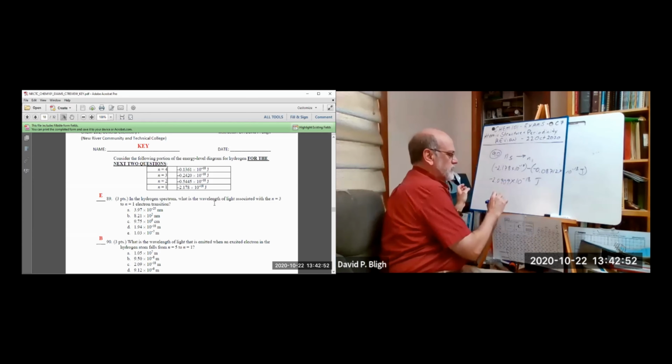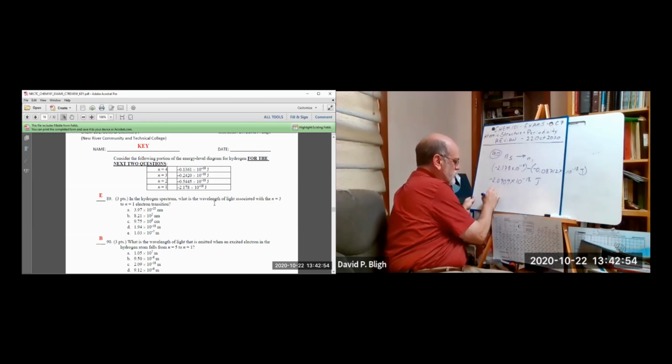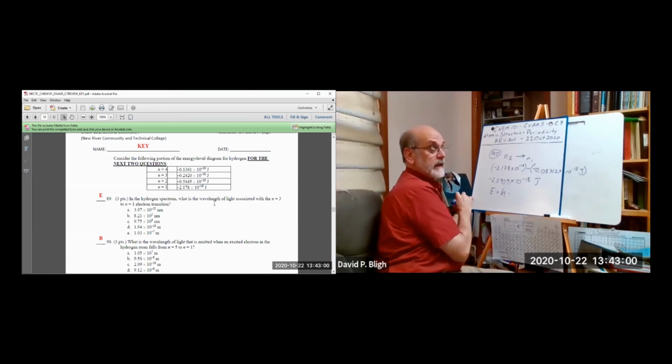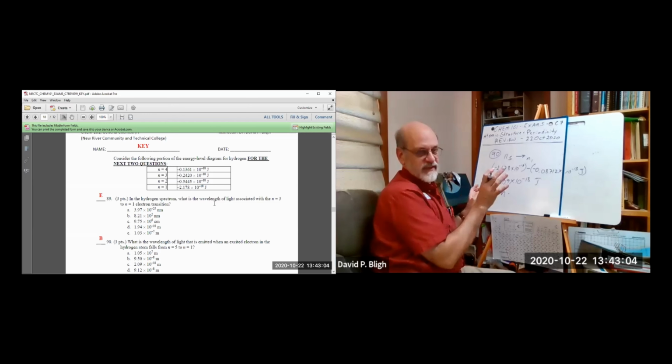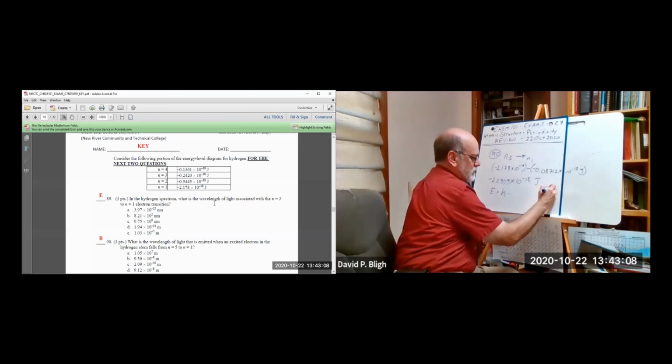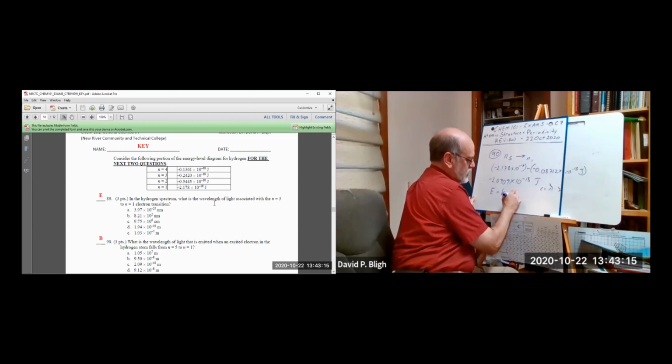So then you want to solve the equation for energy in terms of wavelength, which would be, I don't want to make the same mistake as before. Let's see. So this would be nu here, and this substitute would be c over lambda. There you go.